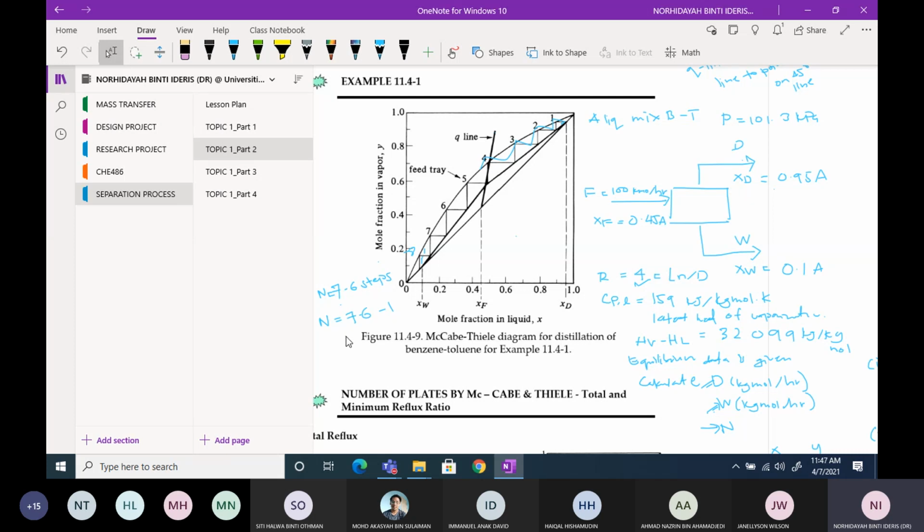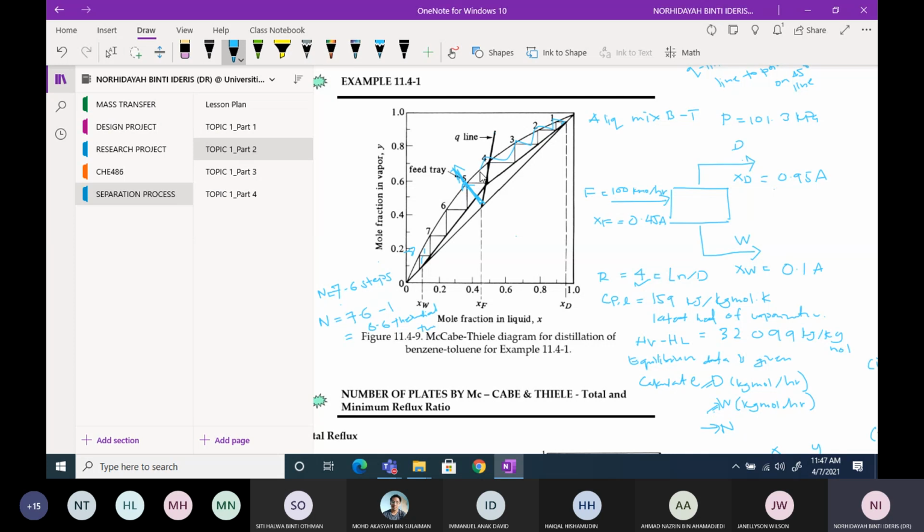The 1 here is the reboiler, so the total stages is actually 6.6 theoretical trays, and the feed is introduced on tray 5 from the top. You can see here, you make a perpendicular line, and the feed tray is about at tray number 5. Any questions so far?